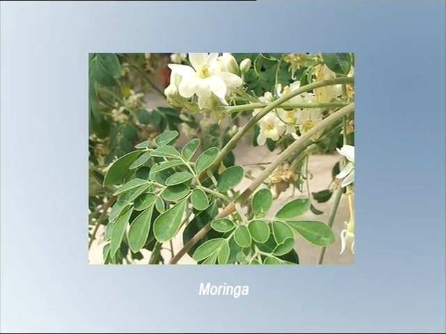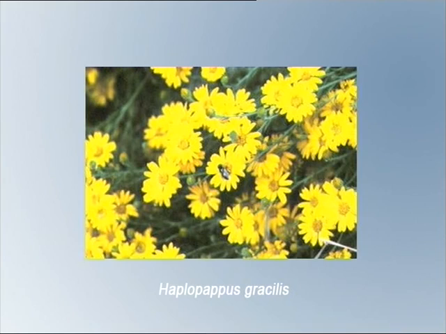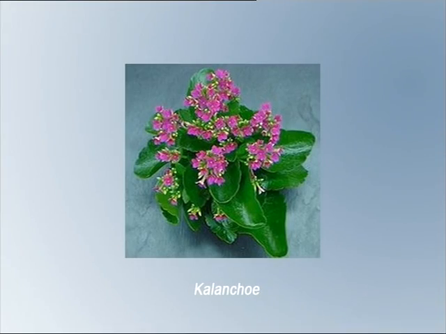For example, in Moringa, the haploid chromosome number may be n = 11 and 14. Chromosome numbers recorded for spermatophytes vary from 2n = 4 in Haplopappus gracilis of Asteraceae to 2n = 500 in Kalanchoe species of Crassulaceae.